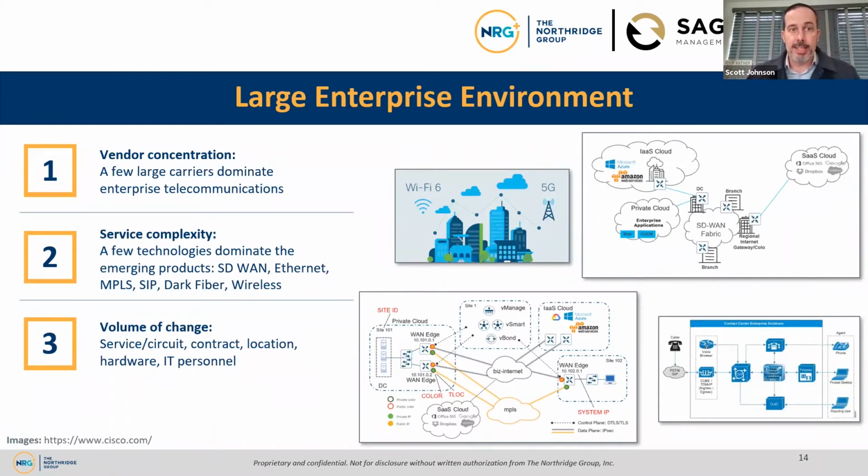Now you're having Ethernet tails, people are looking at SD-WAN, and 5G is right around the corner. The change isn't necessarily going to stop. So from that change standpoint, with the complexity and the concentration of vendors, it makes it a great use case for some of the information that Tom's going to provide from a technology standpoint with blockchain.